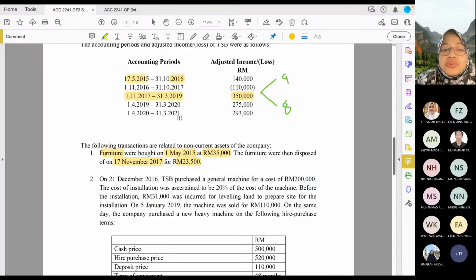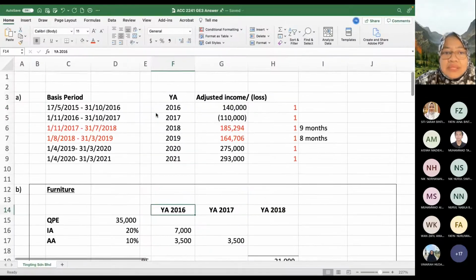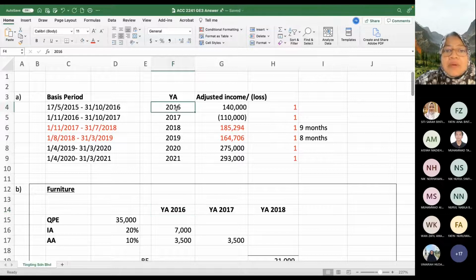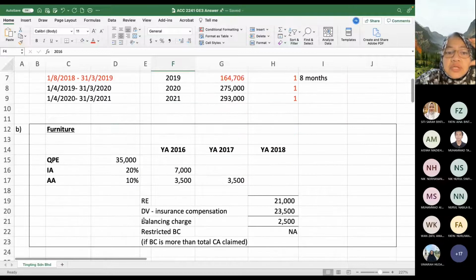Even though you incurred on 1st of May, it's deemed that you incurred in YA 2016, because that is the first year of assessment, the first year that you have your basis period. That's when you claim your capex on your furniture. So QPE, and then you claim 20% and 10% in 2016.